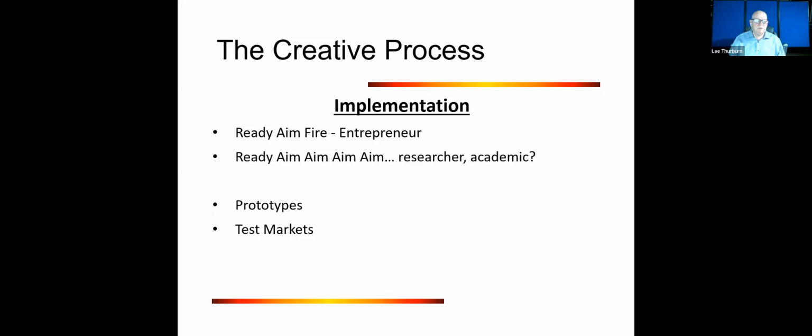And then finally, there's implementation. And this is the step that entrepreneurs tend to be good at, but a lot of people are not. Entrepreneurs are spring-loaded in the let's-take-action position, ready, aim, fire. Whereas researchers and academics, people that are not in a sort of mindset to go take an action, are going to want to continue to study the problem and collect more research.